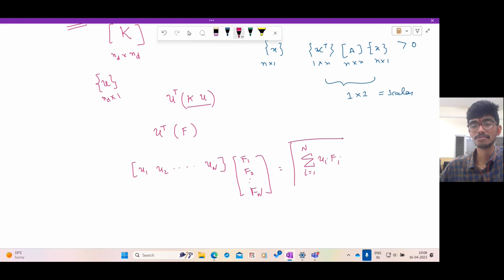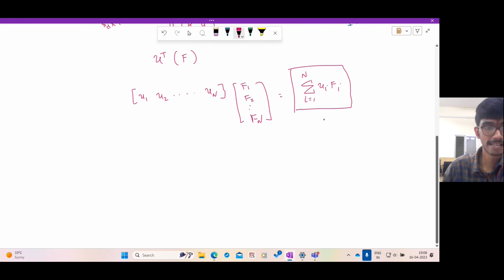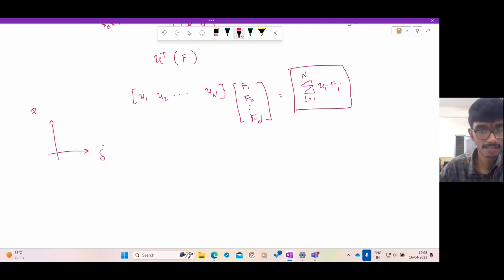But what is this actually equal to? So this is some kind of work done, and we know that for a linear elastic body, the work done by a force P is the area under the force displacement curve. For a linear elastic body, the force is proportional to the displacement.